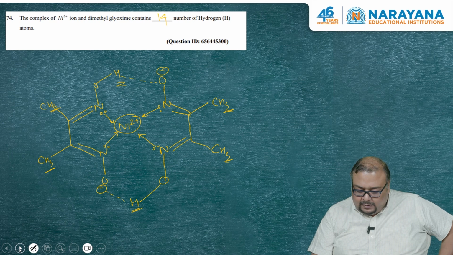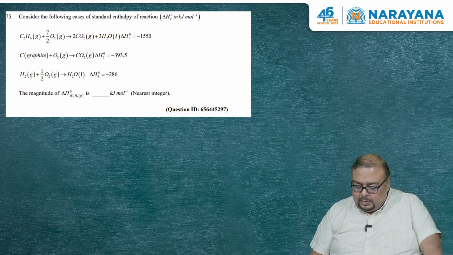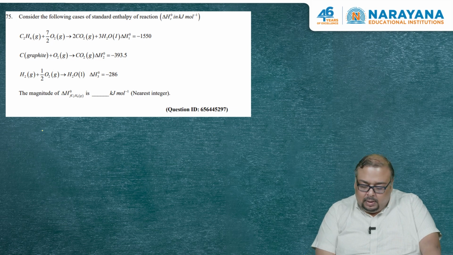Next is question number 75. Consider the following case of standard enthalpy of reaction. And here heat of combustion is given and they are asking the heat of formation for C2H6. Now for this first we write the formation reaction.